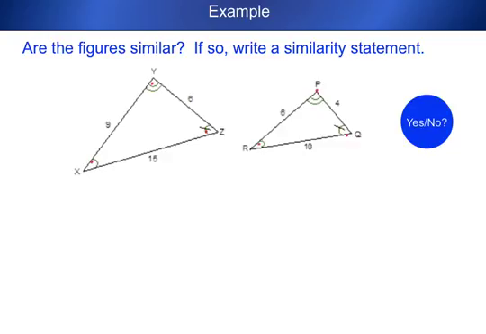Now, I have to look to tell if the sides are proportional. I'm going to compare small side to small side, medium side to medium side, and large side to large side. So, first, I'm going to compare 4 to 6, PQ to YZ. And I'm going to see if that matches up with my other sides. The next side, larger, is side PR, and that is 6 compared with 9.